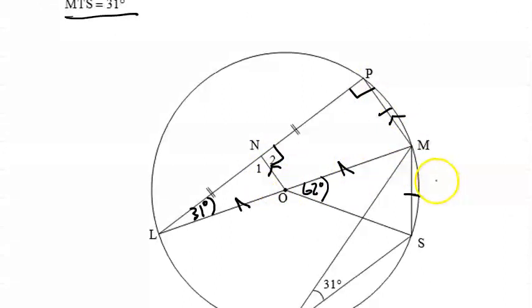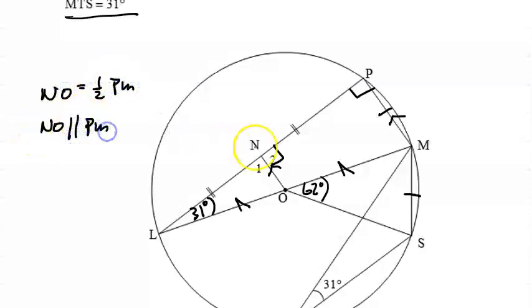And remember, the midpoint theorem says that if LN is equal to NP and LO is equal to OM, then NO is half of PM. But also remember that NO will be parallel to PM. So we could have been asked even to prove that the lines are parallel.